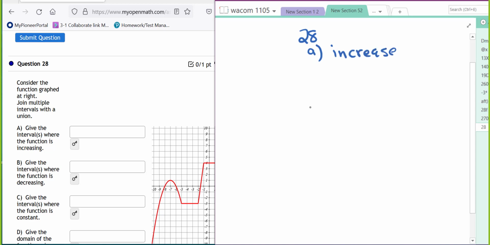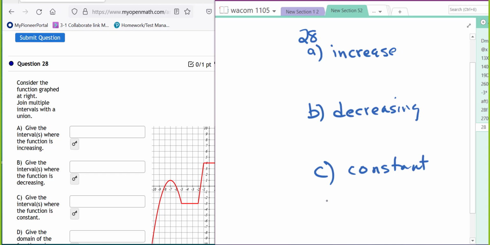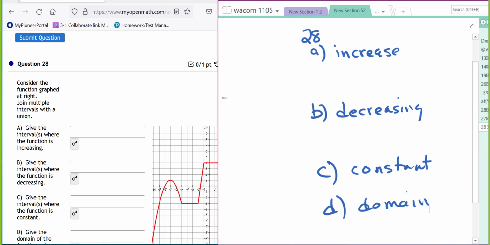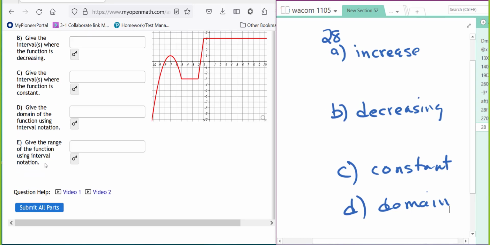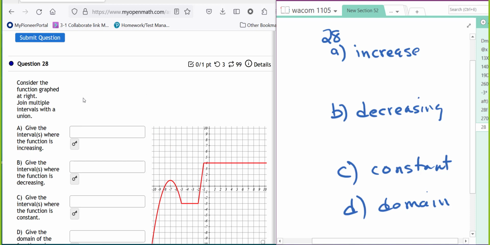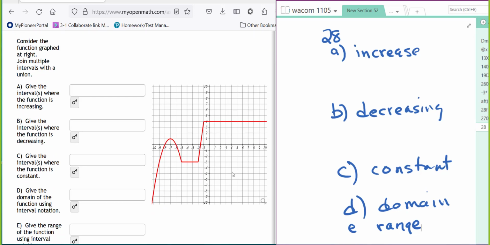Where is it increasing? B is decreasing. C is constant. D is domain. And I can move this so it doesn't do that. And E is the range.